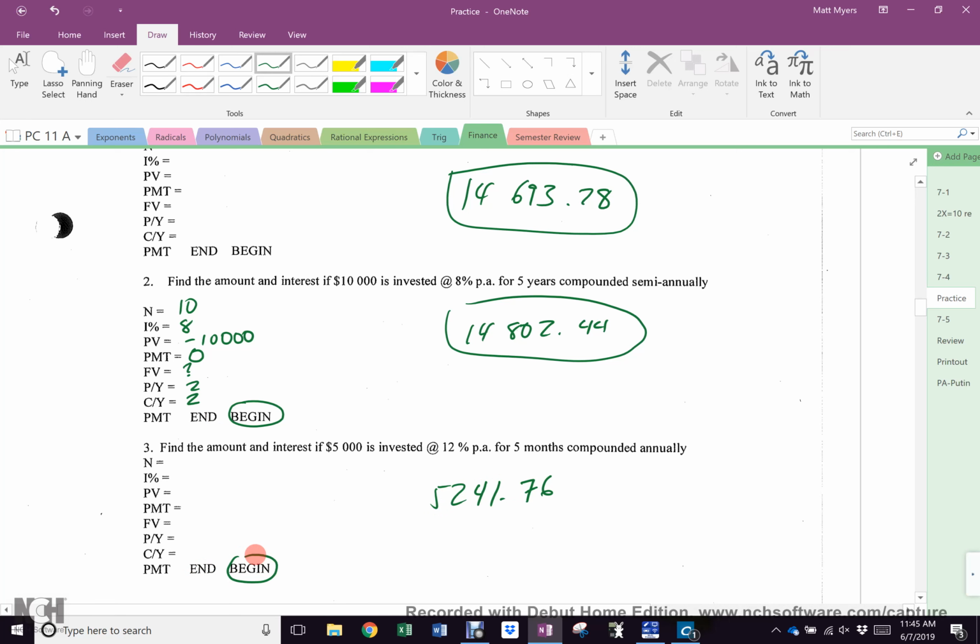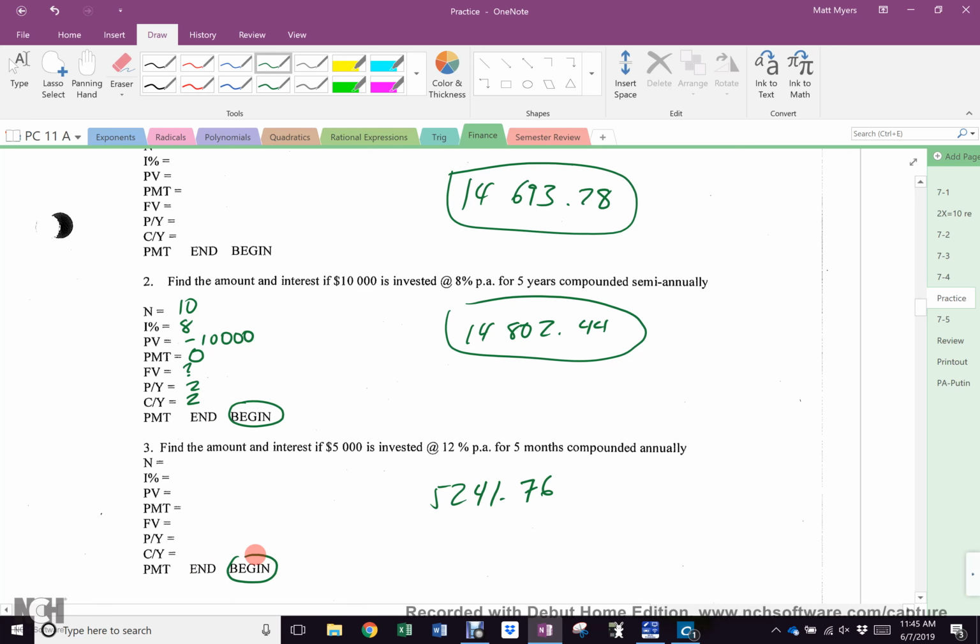Number 7. It's tricky. But we're trying to find out how long it was in years. I have 5.4 years.